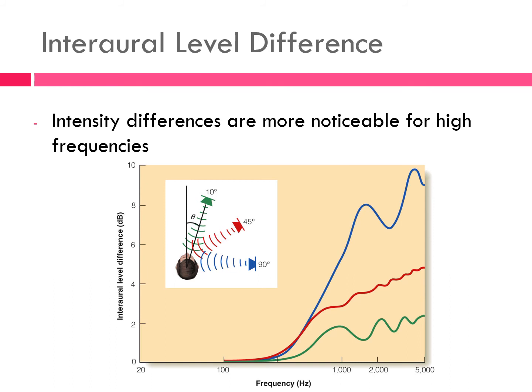And then you can see that as we move 10 degrees over to the right, 45 degrees, 90 degrees, absolutely over to our right ear, those intensity differences for the higher frequencies get greater and greater. We take that information in and calculate in our brain that this is coming absolutely to our right versus 45 degrees to our right, and so forth.